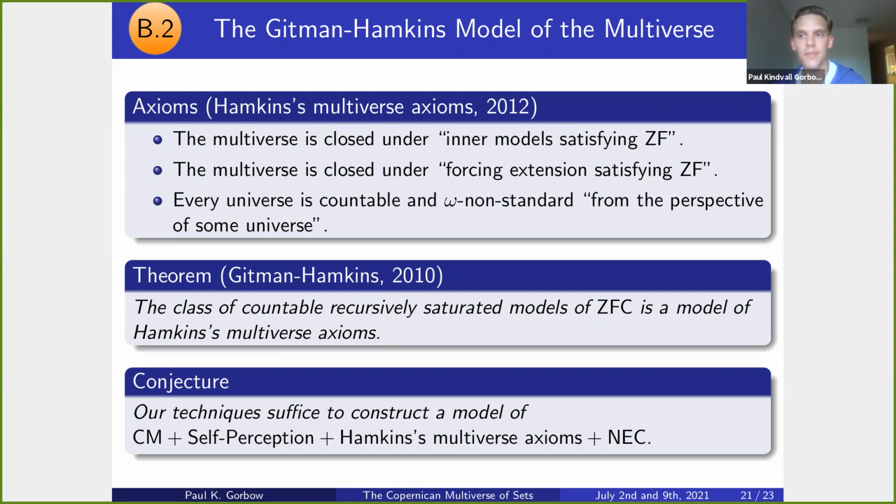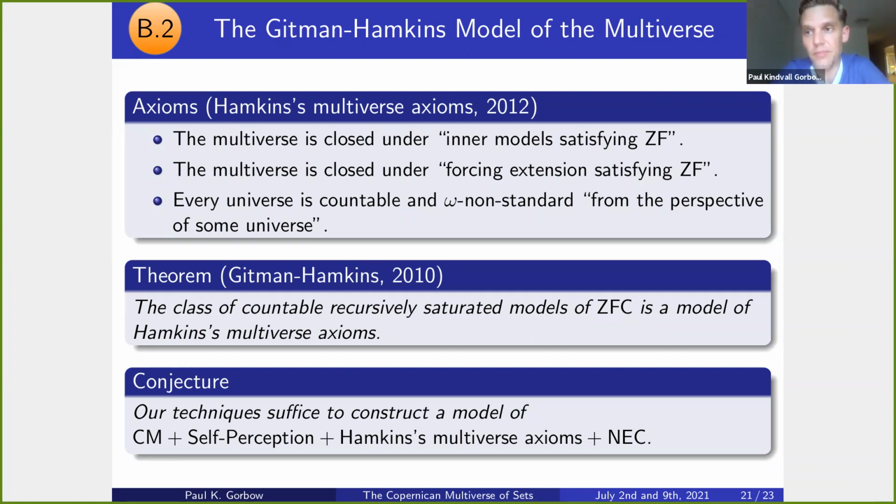And perhaps a more controversial axiom saying that every universe is countable and omega non-standard from the perspective of some other universe. So the idea being that if you have a universe, then there's another universe that contains that universe as an element, and that universe then thinks that this is a countable and omega non-standard universe.